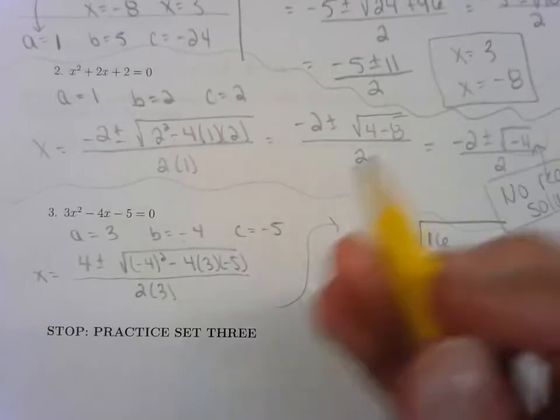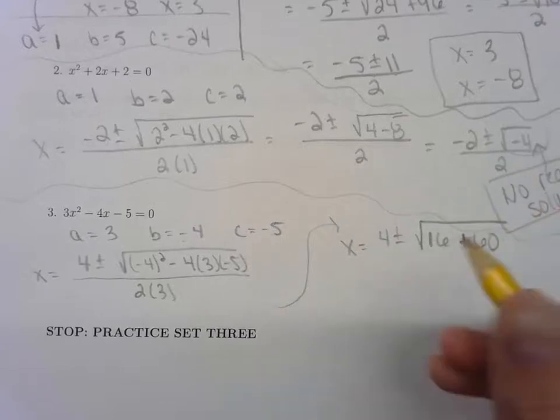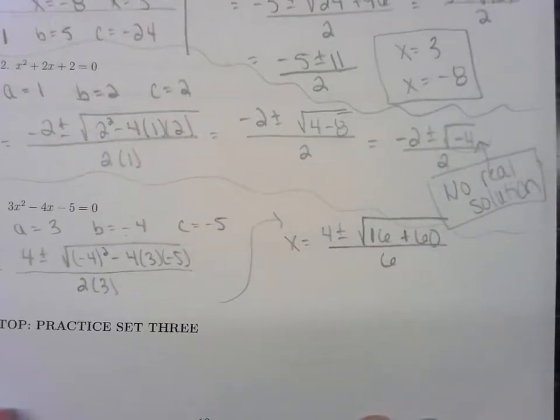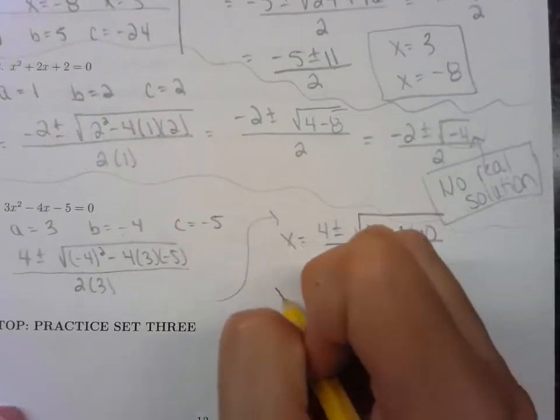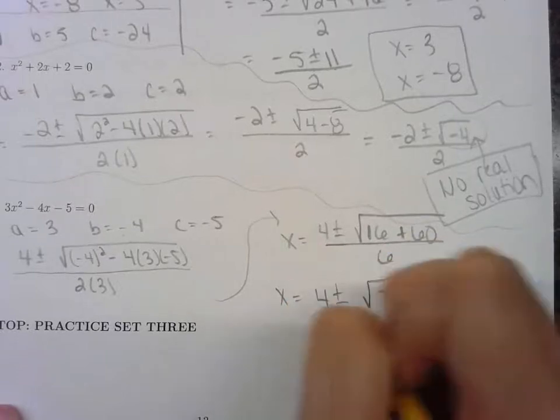Okay, so we'll do 16, then negative 4 times 3 times negative 5. That should be 60. So plus 60 here, divided by 6. Simplifying again, it's the square root of 76 over 6.